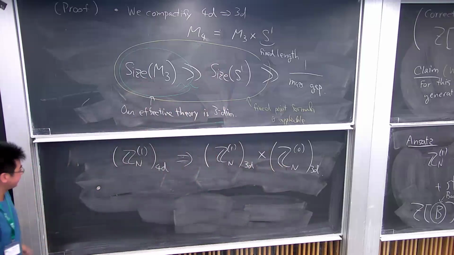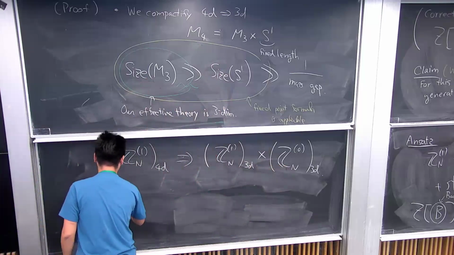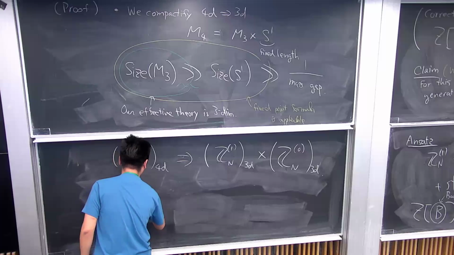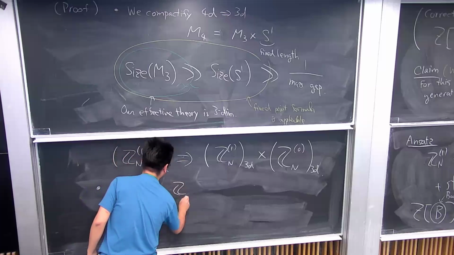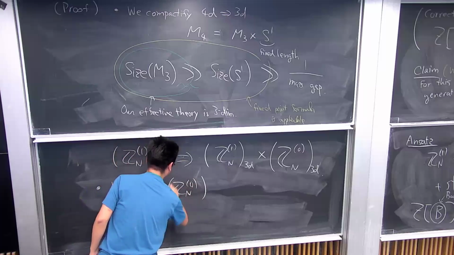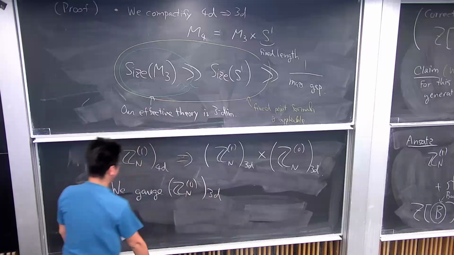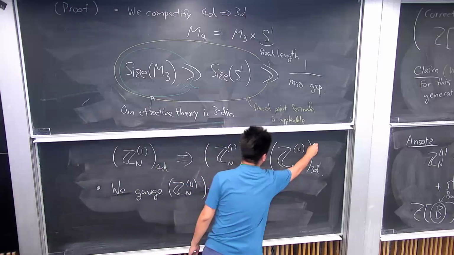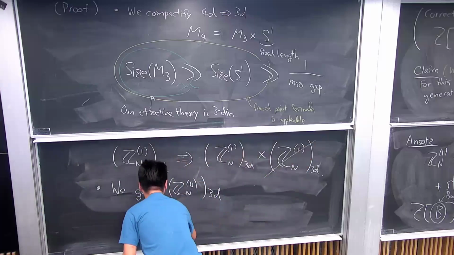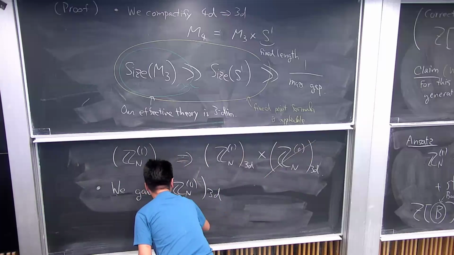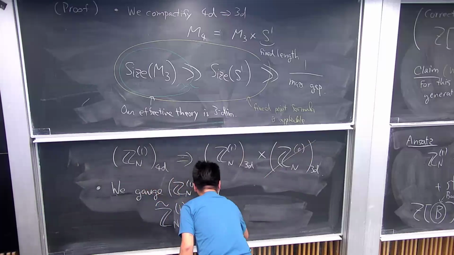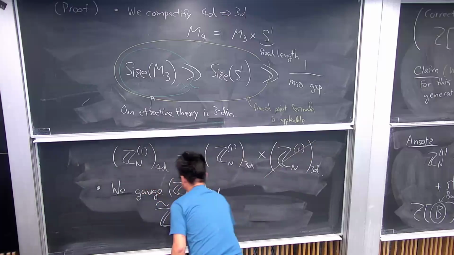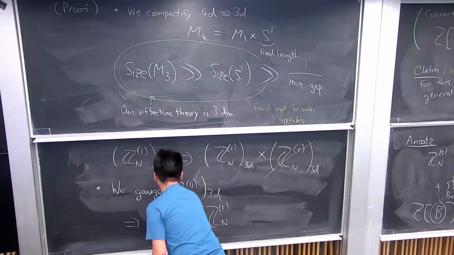And in this setup, we perform gauging of the zero-form symmetry in 3D. Then this part is gone by gauging, but we obtain the dual symmetry in 3D.